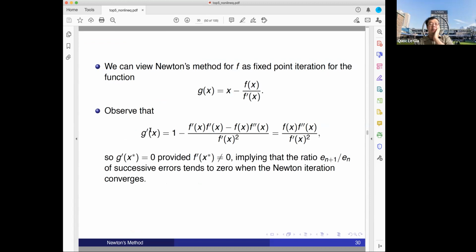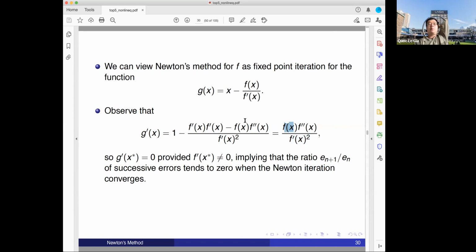And now when you take g prime, you apply the quotient rule, then you got f double prime over f prime squared. Then if f prime is non-zero, f of x is equal to 0, because you assume that x star is a zero of the function f, right?